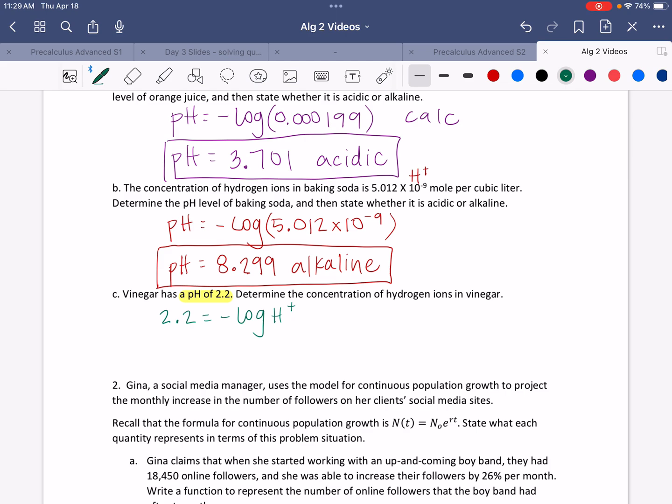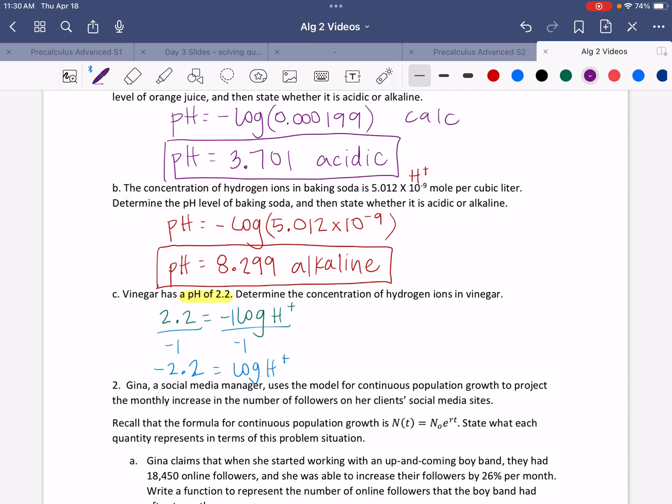So just like we've been working on the past few classes, isolate the log, meaning I have to deal with this negative sign. You can think of it as a -1. So divide by -1 on both sides. -2.2 equals the log of H+. Now to solve for H, I'm ready to rewrite this as an exponent.